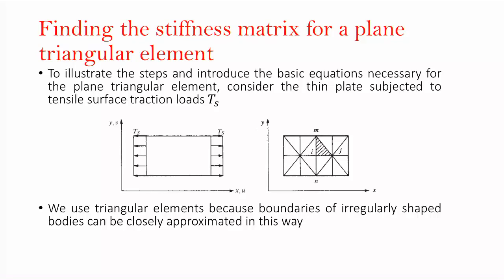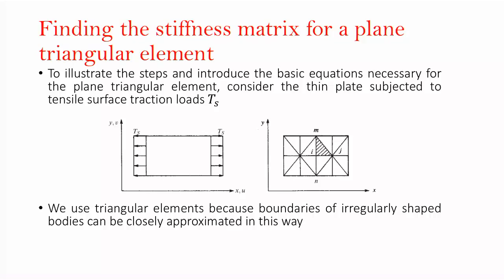So the question here is, when do we need to use the triangular element? Why not use the quadrilateral element? Whenever we have an irregular shape in the part or body of the structure that we want to analyze, it might be difficult to use regular quadrilateral elements.